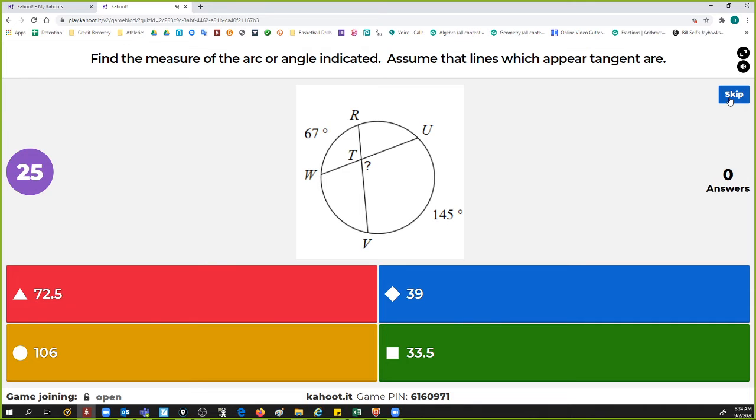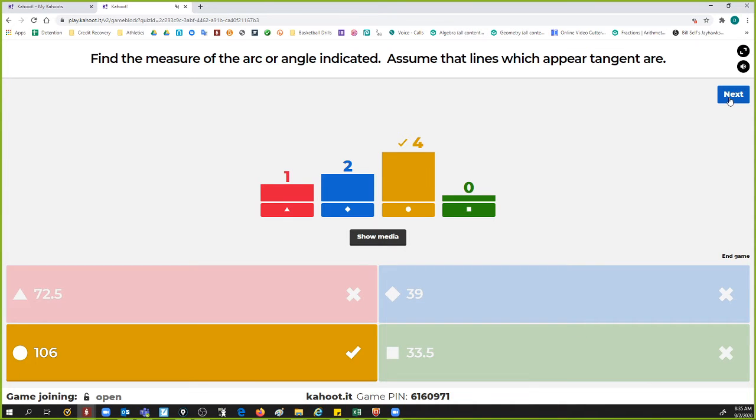Okay, should be a pretty quick one, pretty easy one. Okay, at least most of you got it right.